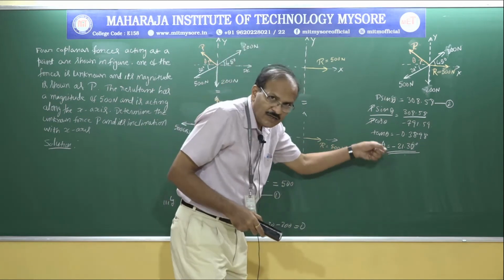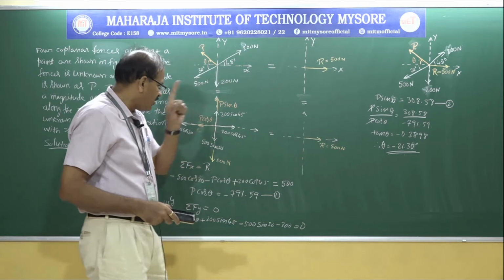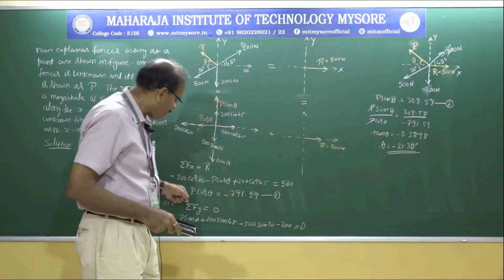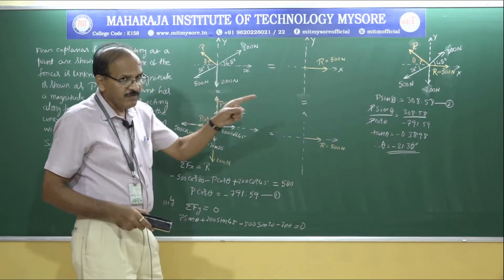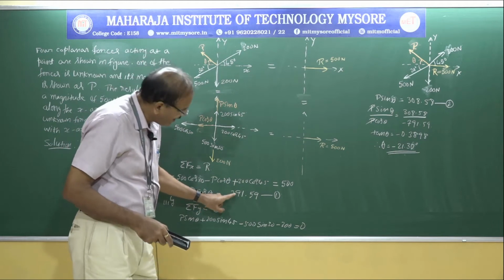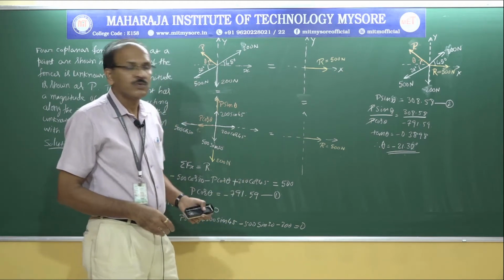Now, by knowing theta, we can find the value of P by substituting the value of theta in equation 1 or equation 2.